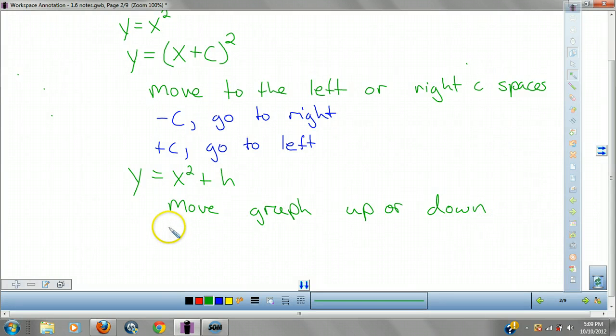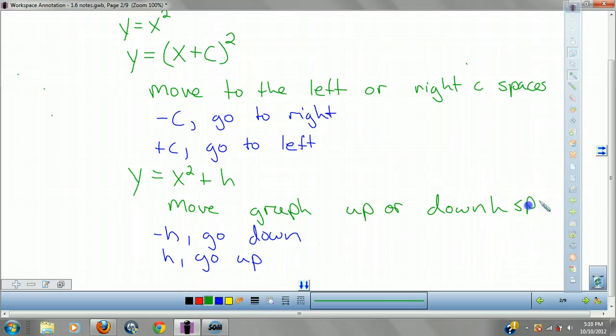Now this one is what it seems. If H is negative, you go down. If H is positive, you go up. I mean, that's all there is to it, guys. I'm going to add this: H spaces.